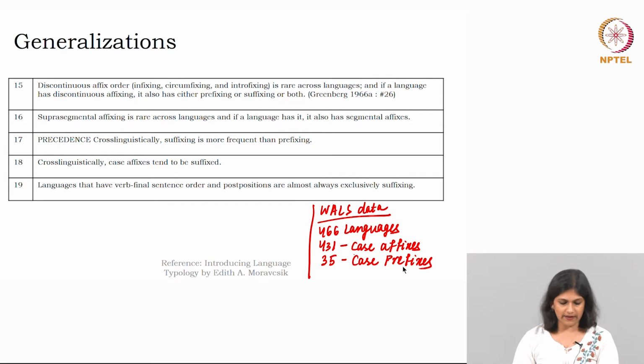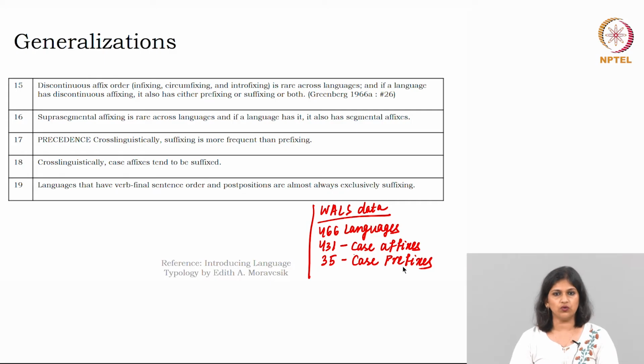So, if a language has verb final order, then the postpositions are always exclusively suffixing. You do not really see them in the prefix form. So, that is all about the generalizations that we have had in morphological typology.